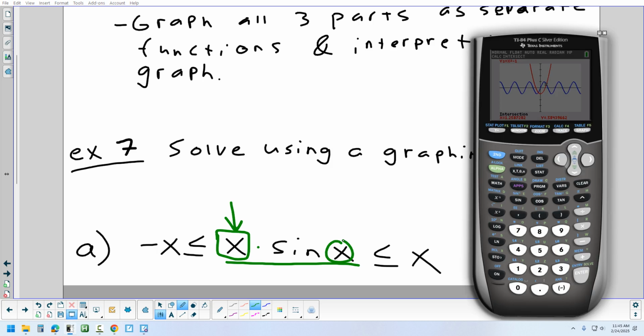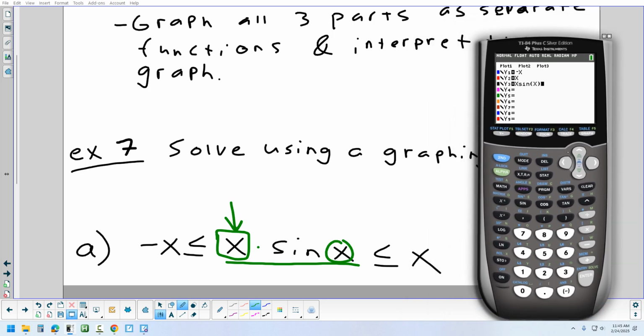All right, so let's put in all three of these. So we've got negative x, positive x, and x sine x. Okay, so what am I looking for?